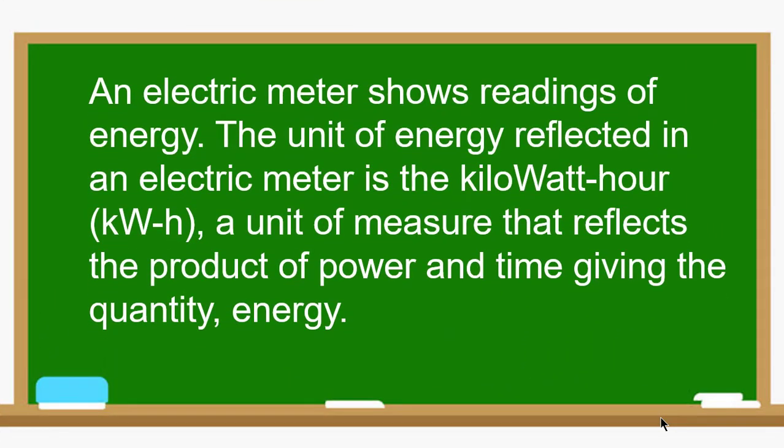An electric meter shows readings of energy. The unit of energy reflected in an electric meter is the kilowatt hour, a unit of measure that reflects the product of power and time, giving the quantity energy.